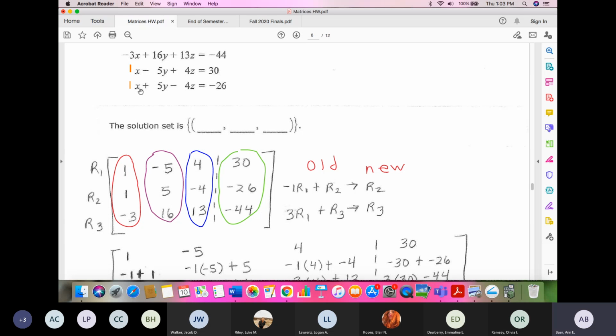And then I just went down and put in this row: 1, 5, -4, and then the -26 on the other side of the dashed lines. And last row: -3, 16, 13, -44. Any questions on how I entered that?